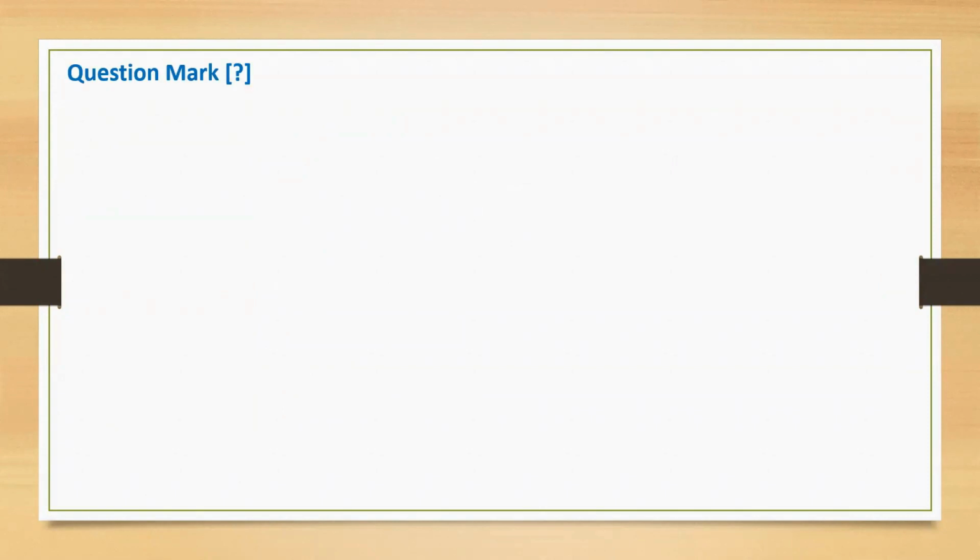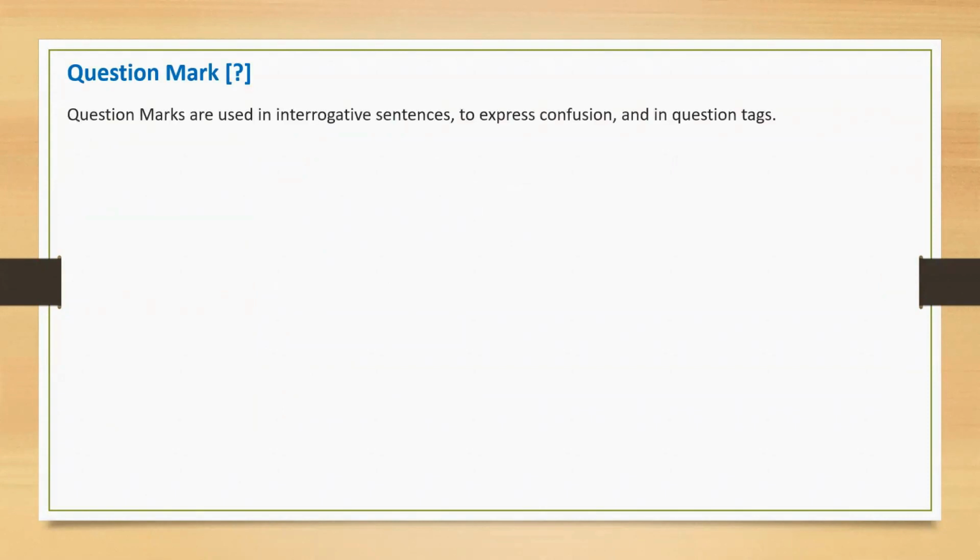Question mark. Question marks are used in interrogative sentences to express confusion and in question tags. Question marks are applied to ask questions. For example, who will be the next president?